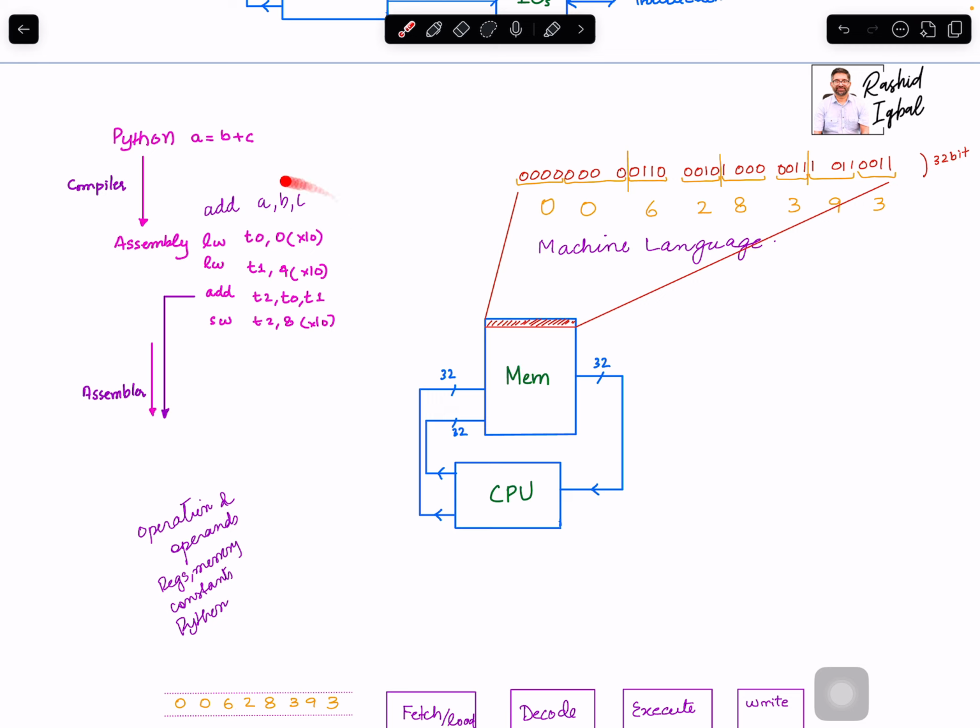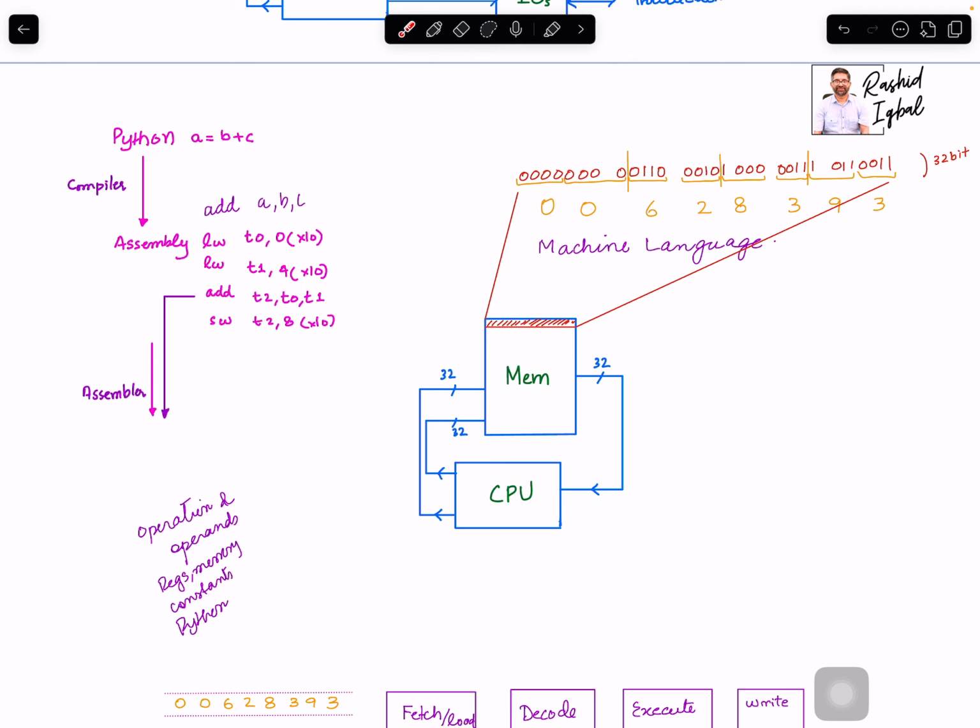This is enough exposure. Typically the user writes a program in C or Python, and a compiler converts it into this code. Then an assembler converts the assembly language into machine language code. The machine language code sits in the memory at different locations, and the CPU brings in one instruction from each location.